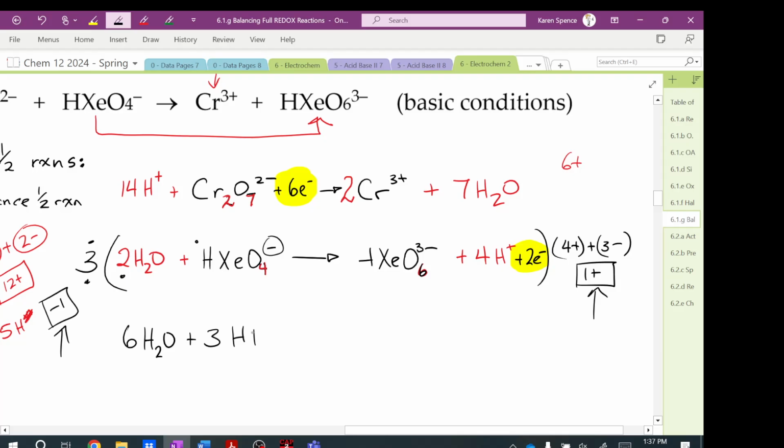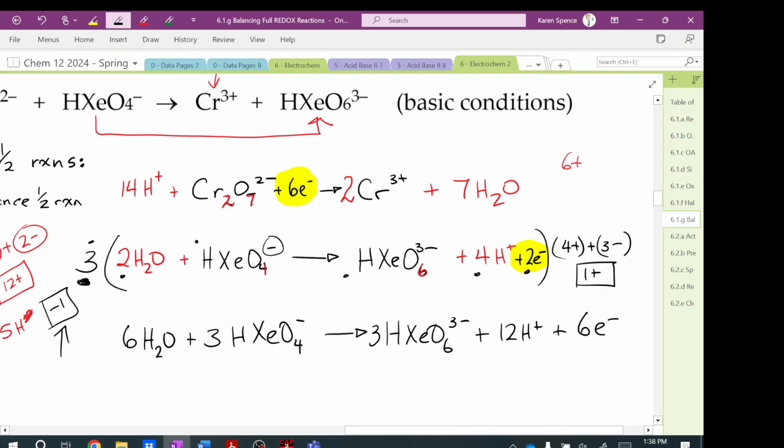HXeO4 negative goes to, oh, look, I didn't touch the 3, so I almost wrote this without a 3. 3 HXeO6 3 minus plus 3 times 4 is 12 H plus, 3 times 2 is 6 electrons.